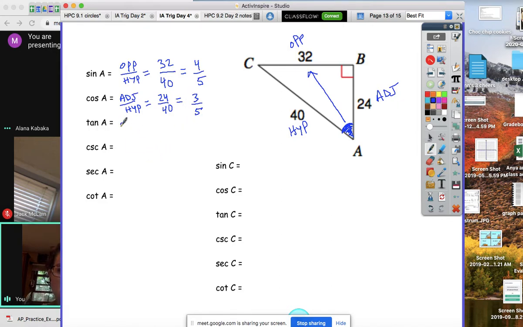Okay, tangent is opposite over adjacent. So I'm going to take 32, the opposite side, and divide it by 24, the adjacent side. That also reduces, down to 4/3.